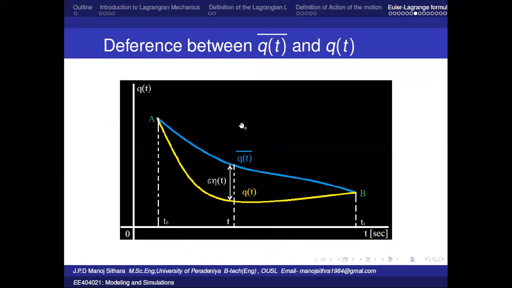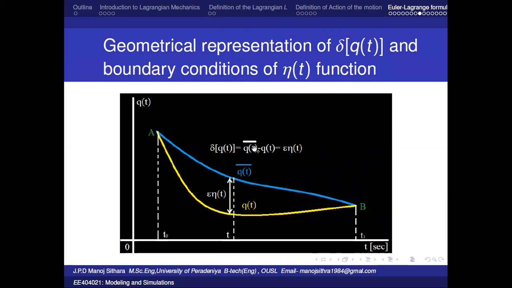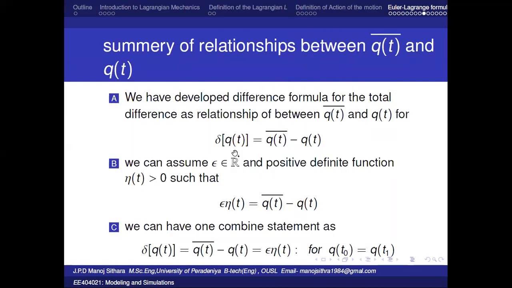So this is the concept for the relationship between the optimal path and the general path. The difference can be geometrically represented as the delta function of q. This is the summary of the relationship between the q bar and q.